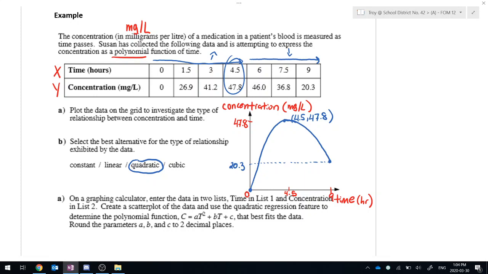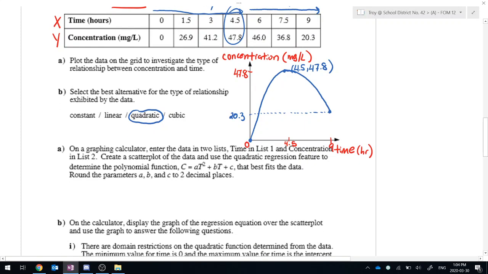So you should remember quadratic functions, they will always have 1 turning point, a maximum if it opens down, and a minimum if it opens upwards. Okay, so we know this is going to be a cubic relationship here. Or sorry, a quadratic. All right, so next question.